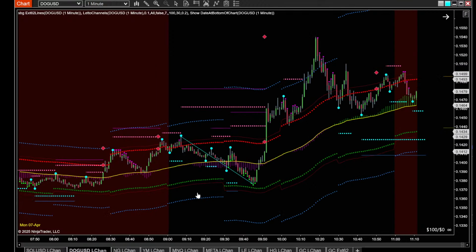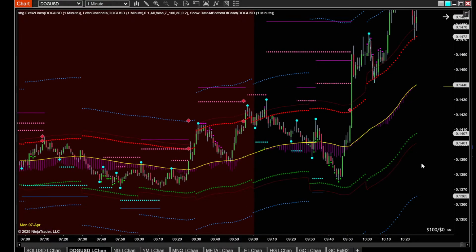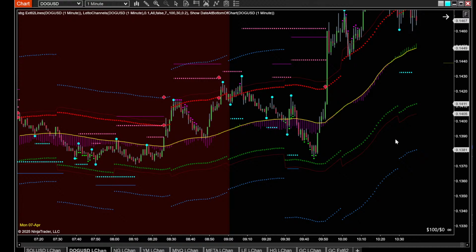So here's one. We had a short setup right at the beginning, right at 9 o'clock. This is Dogecoin, the crazy Dogecoin that Elon Musk made a mint off of a couple years ago. We are overbought at this area. We look for the touch of the next blue sell dot, which happens right here.